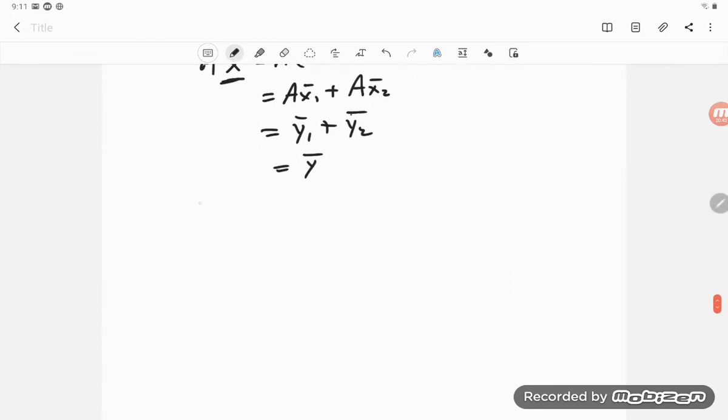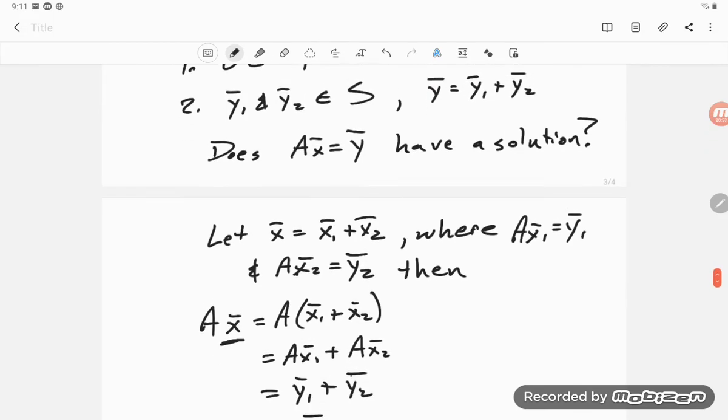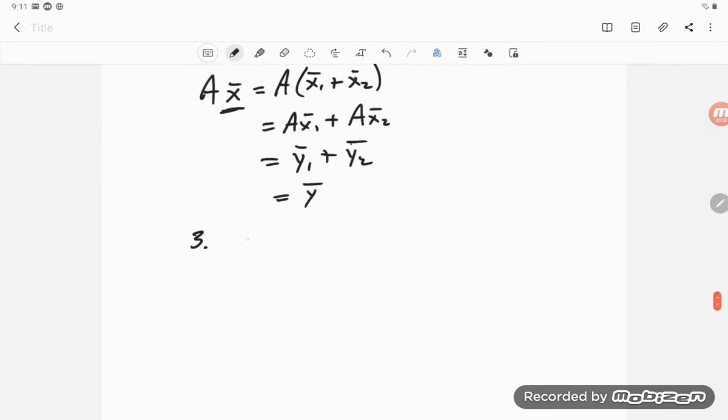And finally, number 3, again, what I do is, how did I state this before? Okay, I just went with, okay, so let's say y1 is an element of S, and t an element of Rn.